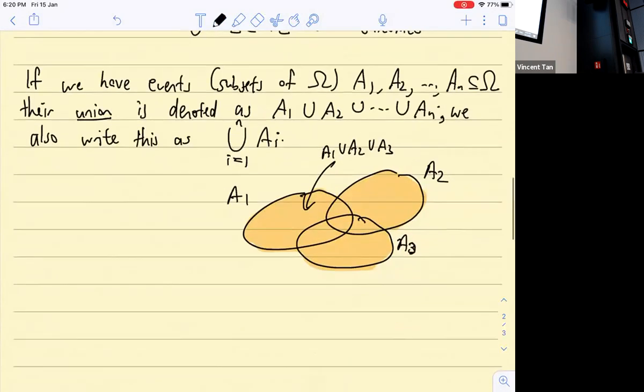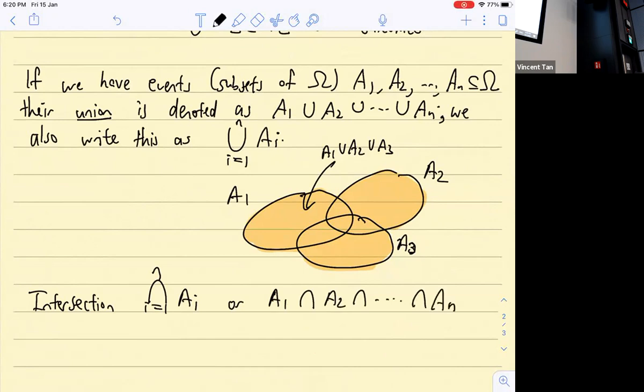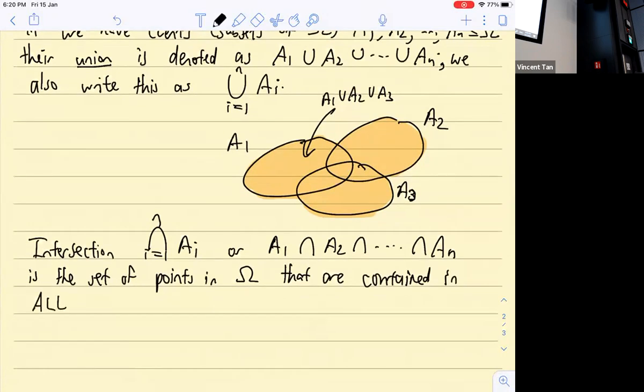The intersection, A1 intersect A2 intersect up to AN, is the set of points in omega that are contained in all the AIs.